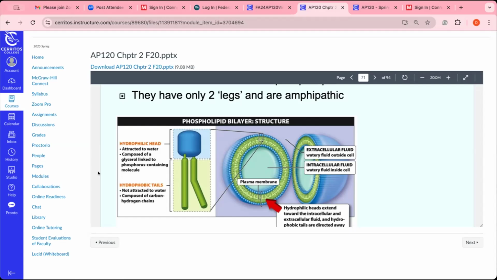The extracellular fluid is the watery fluid outside of the cell, and the intracellular fluid is the watery fluid inside the cell. Hydrophilic heads extend toward the intracellular and extracellular fluid, and hydrophobic tails are directed away from that.